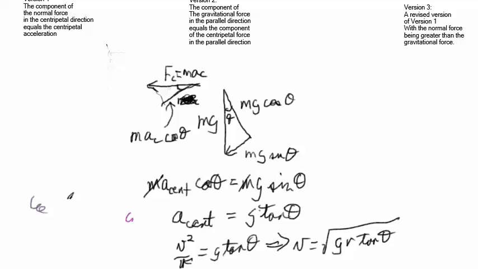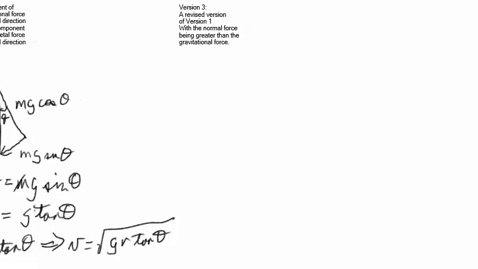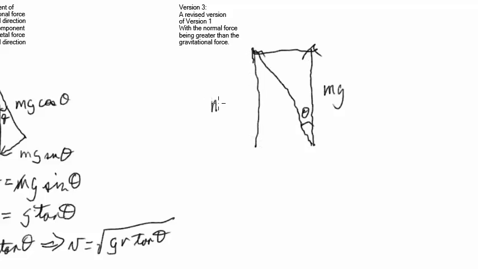What if we modified this to version 3, and in this case we imagine that normal force coming up this way, the actual length of this side being mg, and our theta here, and we want the parallel force, or the force along the direction of the centripetal acceleration. I'll call that force centripetal.